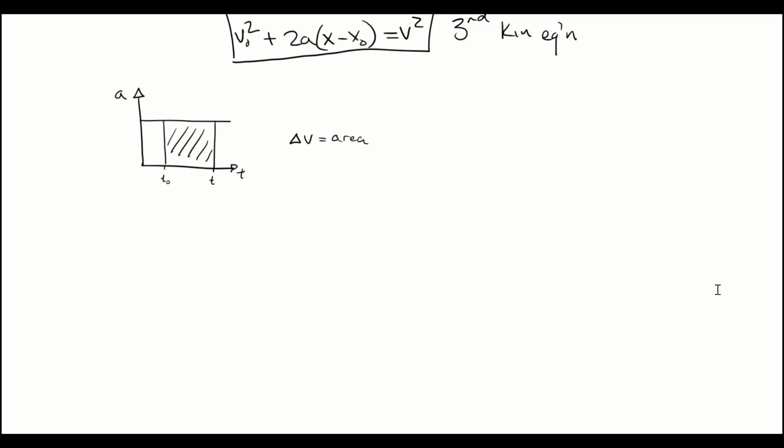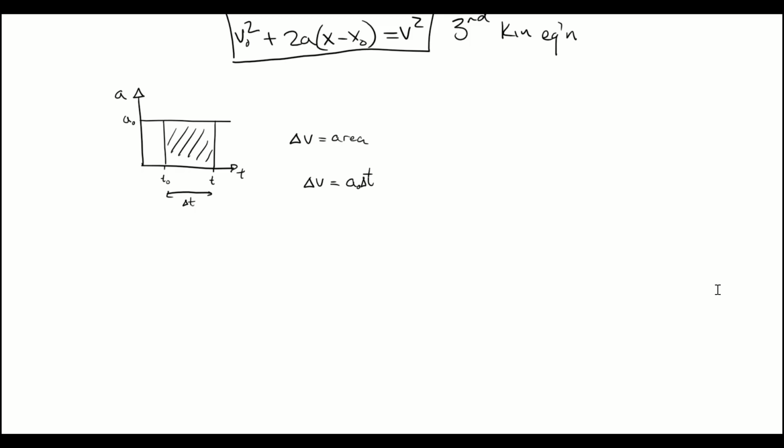And what's the area of this rectangle? Well, the height is that constant acceleration a naught, and the base is delta t. So I know that the change in velocity is equal to a naught delta t.